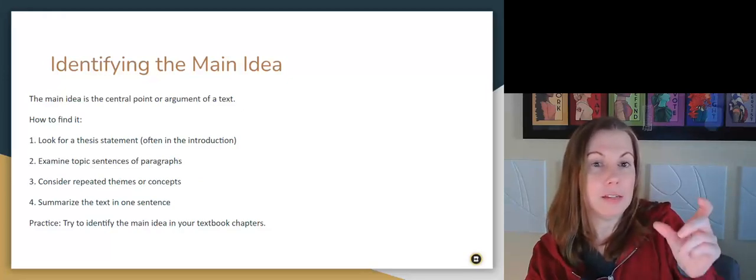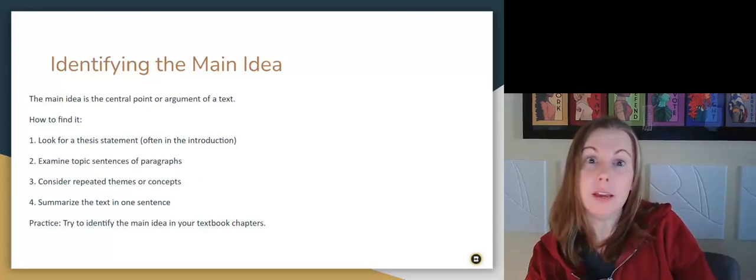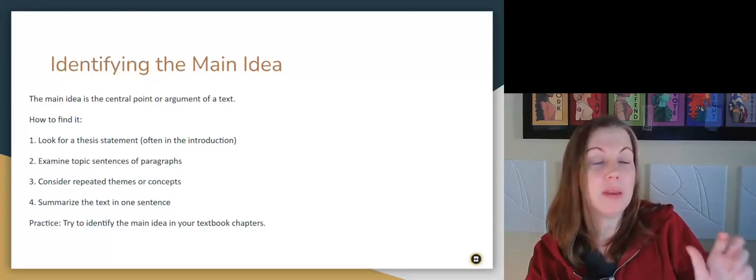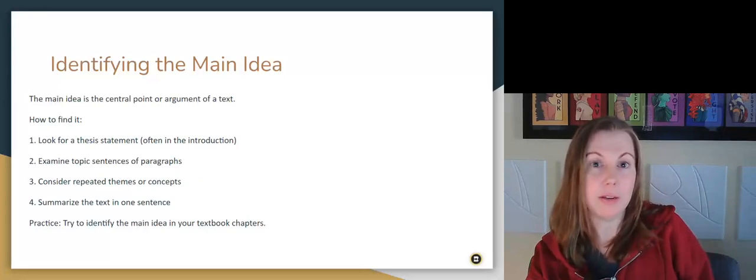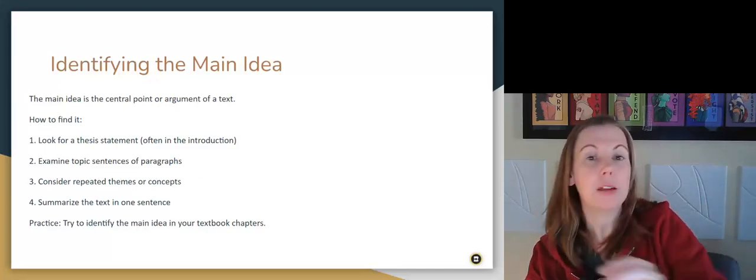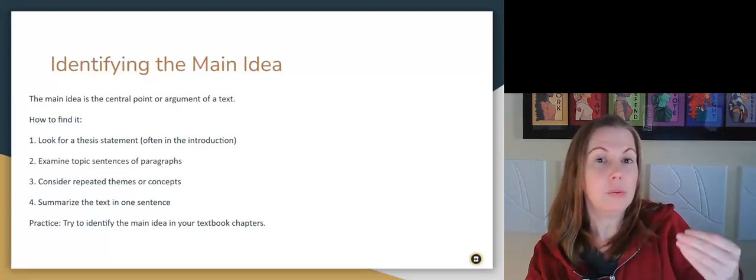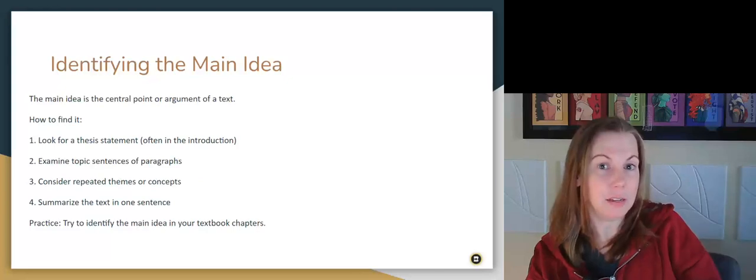Then you also want to look at the body paragraphs. The first sentences of the body paragraphs will also tell you, okay, this essay is going towards banning cell phones. This is what I'm picking up based on the thesis and the topic sentences. The way to practice this is whenever you have read something, try to summarize the main idea in one sentence.